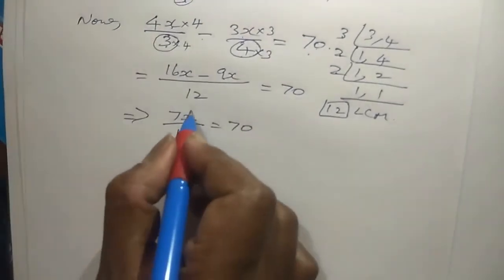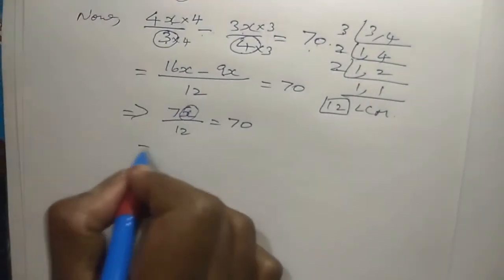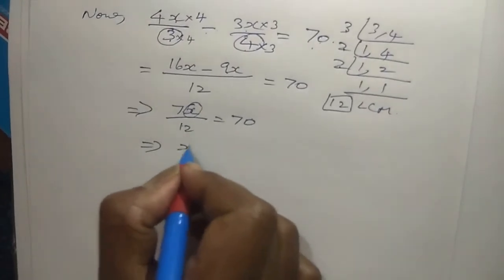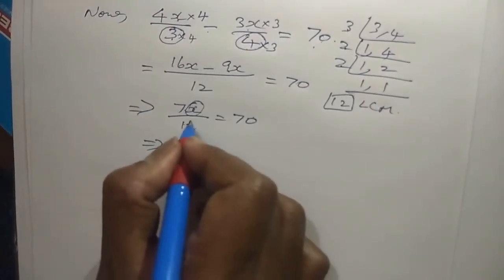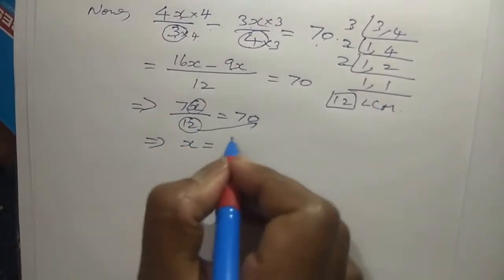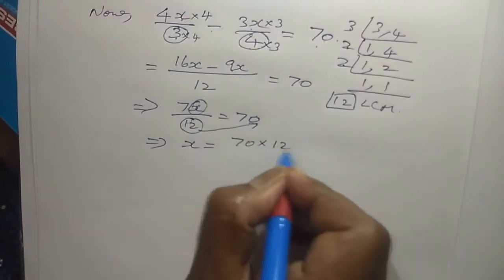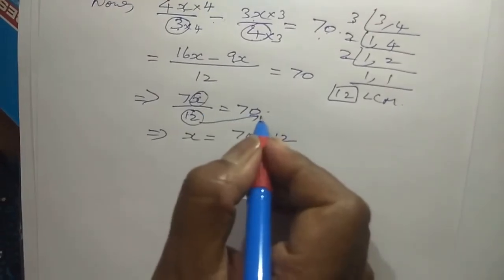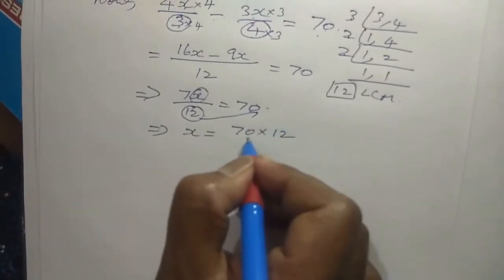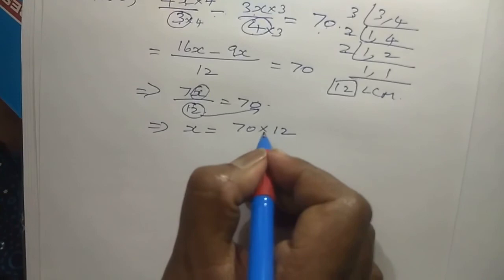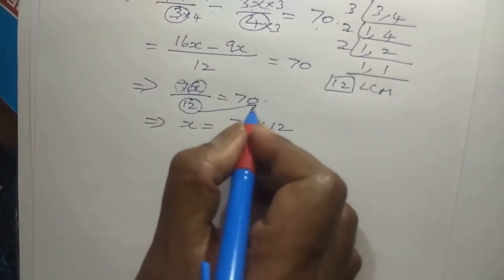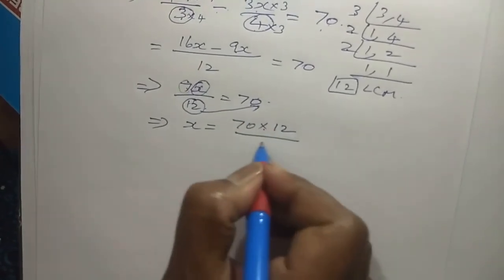But we want only the x value here, right? So we take all this term this side, this term this side. So what we have here is x is equal to, we take this term this side, so it is 70 into 12. Since it is in a denominator, when it is transported to the next part it changes into multiplication. Here it is in a multiplication; when you transport it to the right hand side, it will be changed into a division.